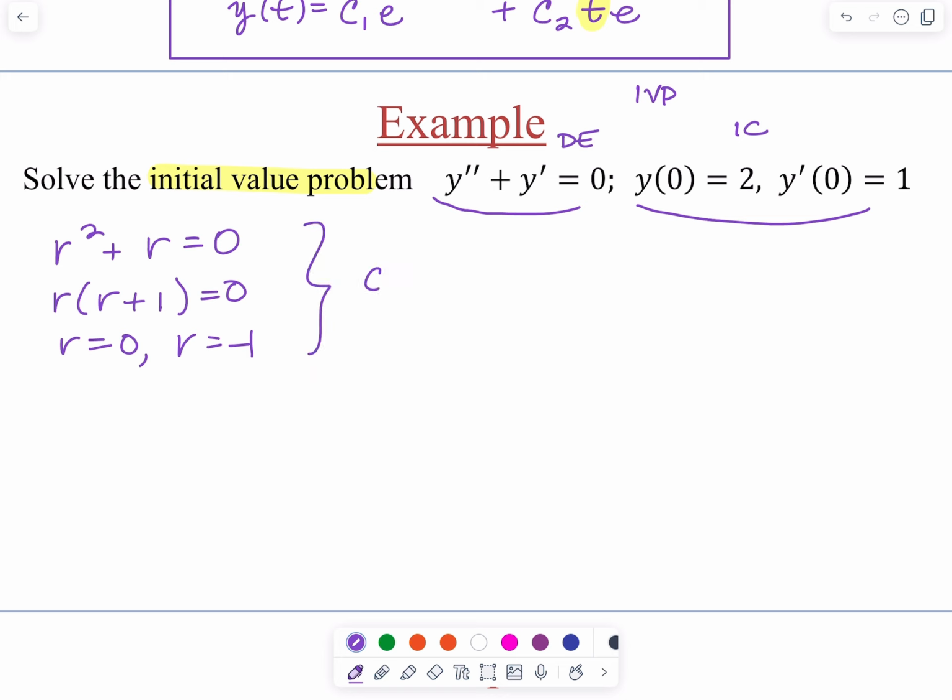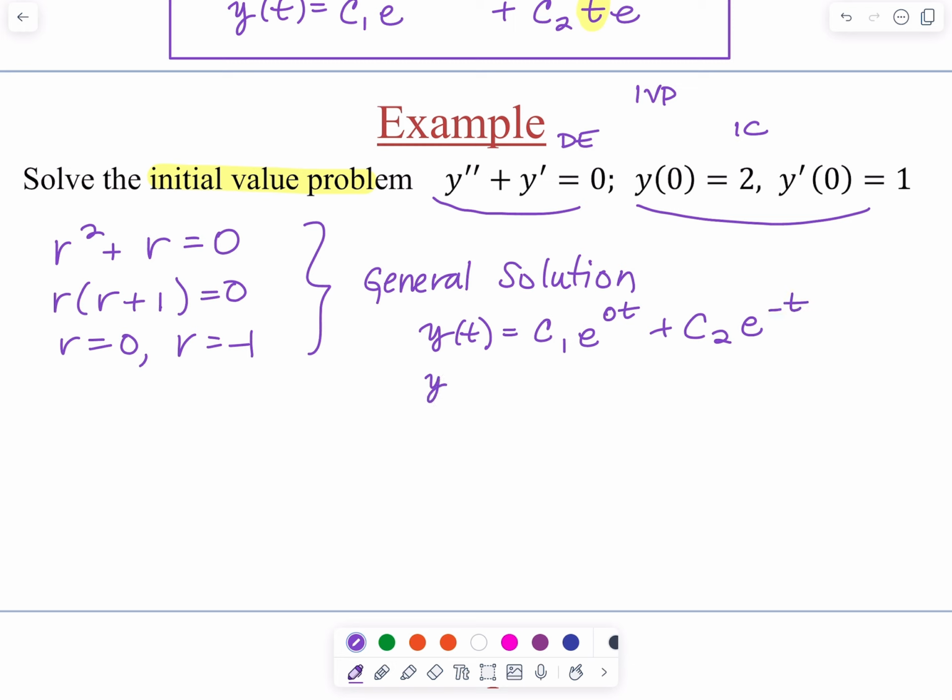So our general solution is going to be y of t is equal to c1 e to the 0t plus c2 e to the -t. And of course that simplifies to c1. And you know what?